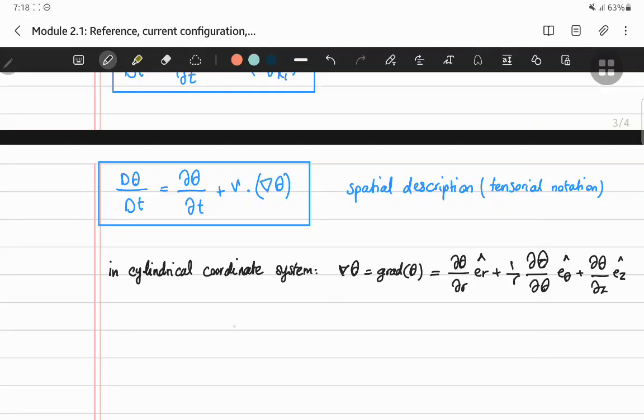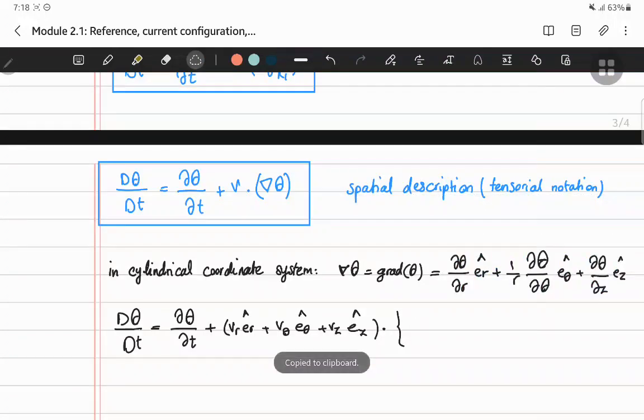So if you have this, then you will be able to easily calculate d theta dt equal to the partial derivative of theta with respect to t plus this expression here. So you have v, which is v_r e_r plus v_theta e_theta plus v_z e_z, dot this in here.